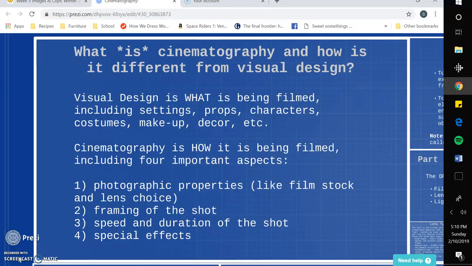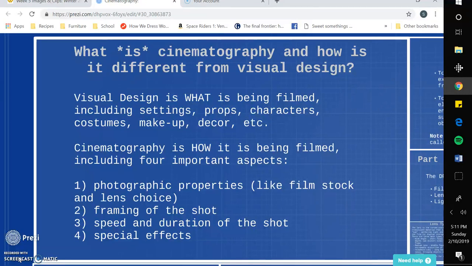So the settings, the props, the characters, the costumes, those are all of the things that are being filmed. Cinematography is how they are being filmed, the process of them being filmed. So this is what the camera is doing to capture that image. What's within the image is visual design. So the cinematography is the how, and the visual design is the what.